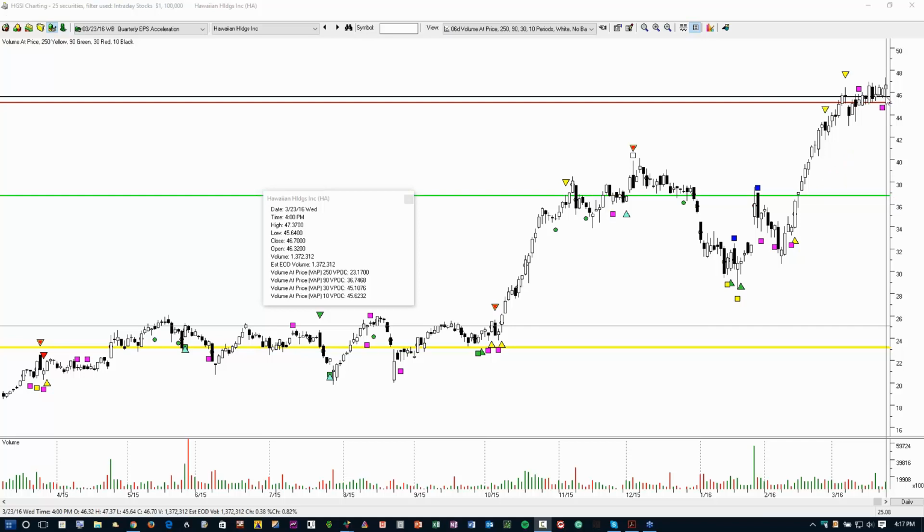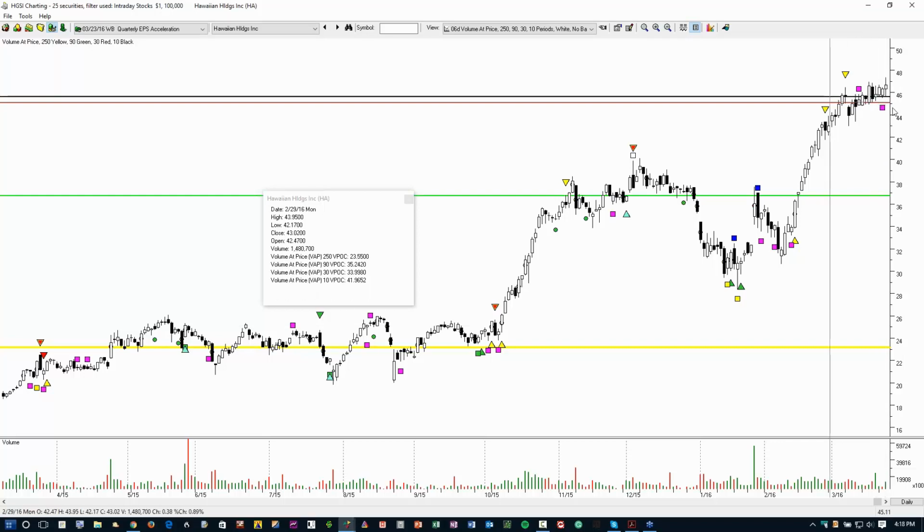Now, who's in control right now? Well, using a 10 period line, in the short period, I would say that the bulls are in control of the volume point of control with the 10 period because it's above the line, and also with the 30 period.